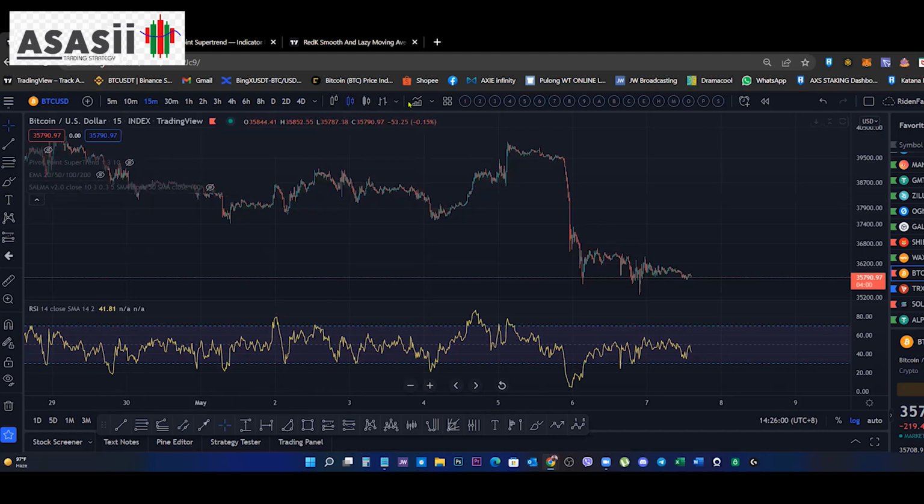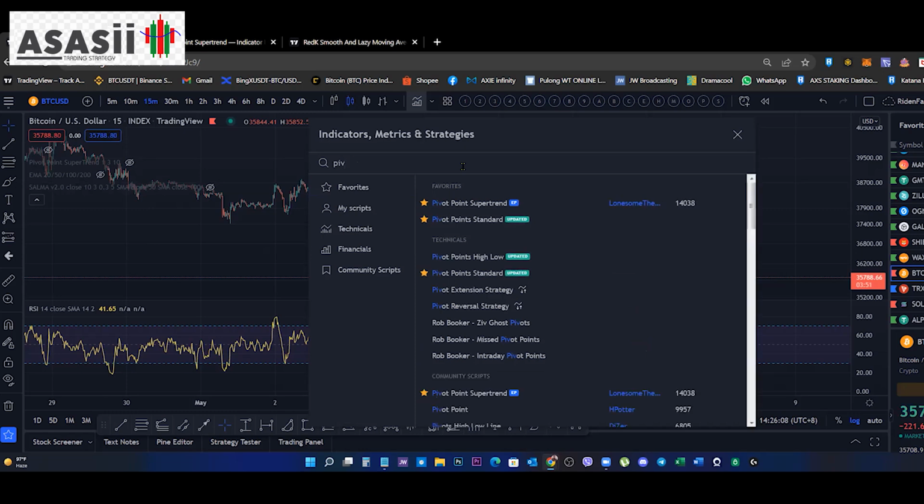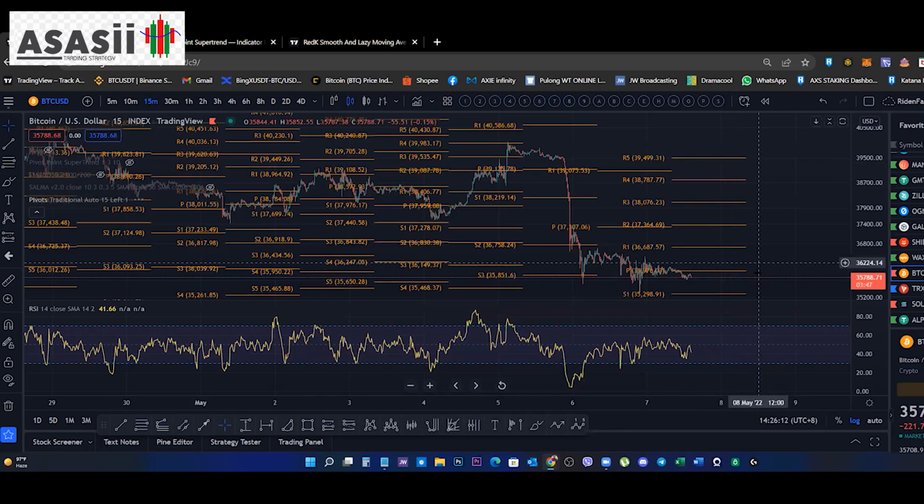And the additional combination in our main indicator, the Pivot Point Supertrend, is the pivot point. What is the pivot point, guys? The standard pivot point is this one. As you can see, there is a line, there is a P. This is the pivot point. S1 means support 1, support 2, support 3, resistance 2, resistance 3.